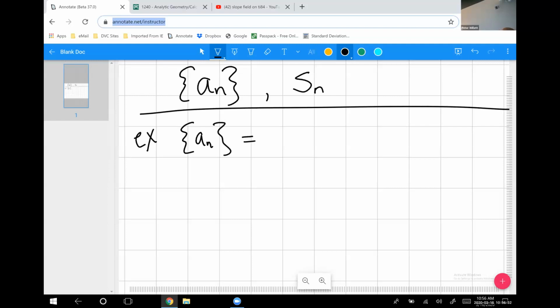Let's say that a sub n is equal to 0.9, 0.09, 0.009, that's going to be a comma, and then I'm going to do one more, 0.0009, and then go dot, dot, dot. Okay, so I've tried to write out an example of a sequence.